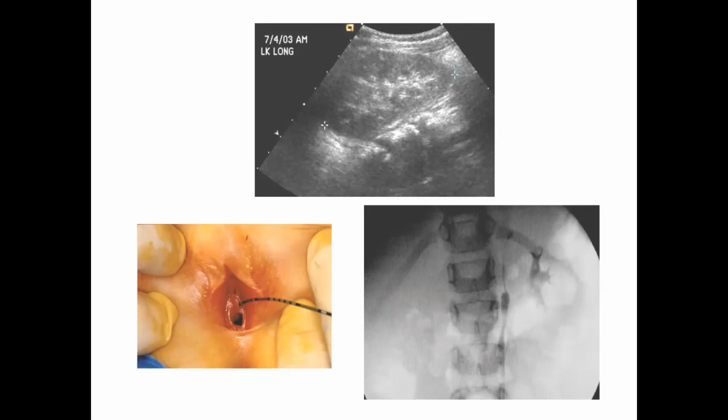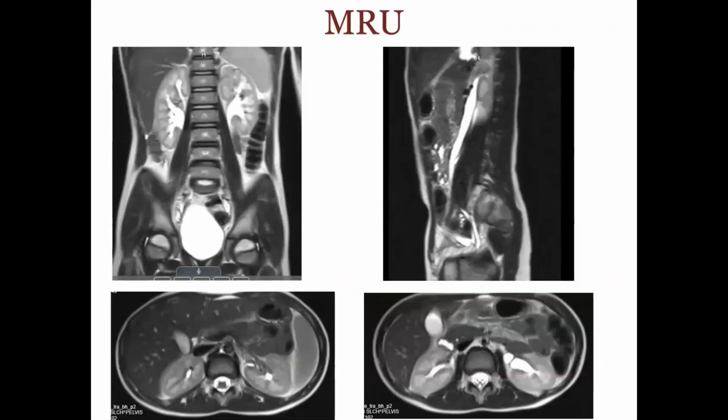So next slide. I think the way to really sort this out nowadays is to get an MR urogram. If you look at the top left picture, you've got a duplication on the right side, and that looks to be a single system on the right side. But when you look at more pictures, if you go to the bottom 2 pictures, you can see on the left side there's actually 2 collecting systems.